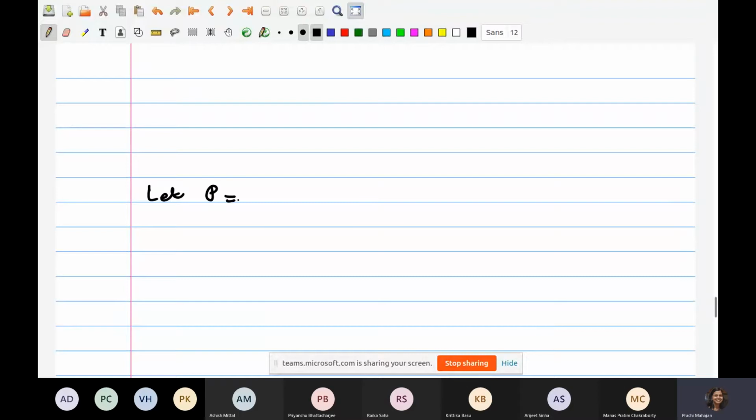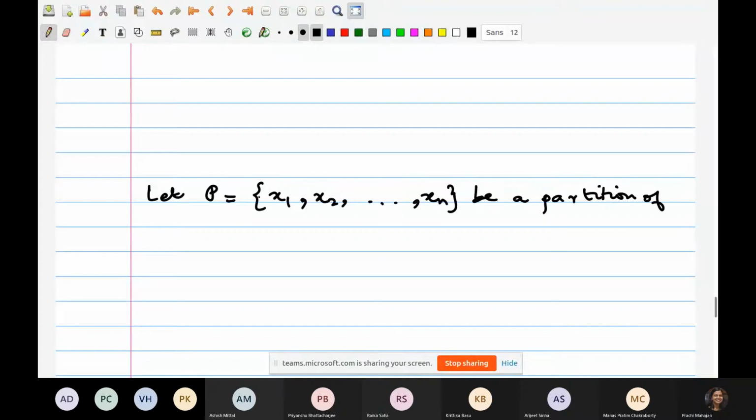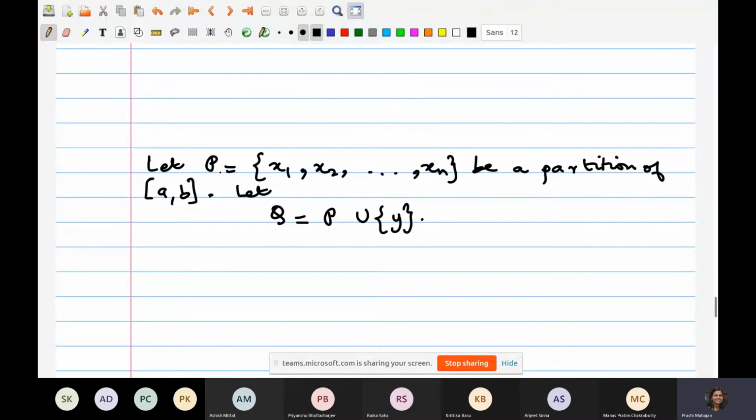So let P equal to {x1, x2, ..., xn} be a partition of the interval [a,b], and suppose that Q has just one more point than P. So let Q be P union another point, let's just denote this point y. Where y is, let's say, in the kth subinterval.